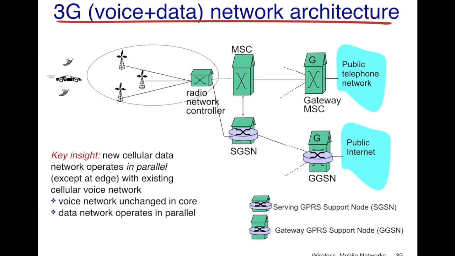There were lots of SGSNs all over a country, say the United States, and there were few GGSNs. And behind the GGSN was the public internet. So all these IP data packets that started from a particular mobile host first went to the base transceiver system, then to the radio network controller, then to the SGSN, then to the GGSN, and then to the public internet.